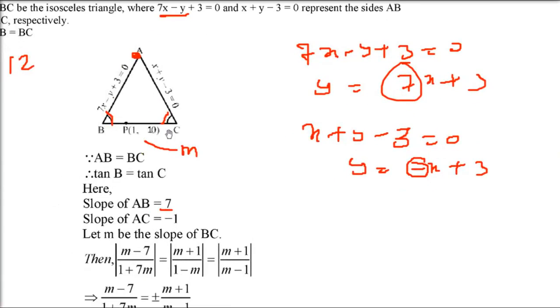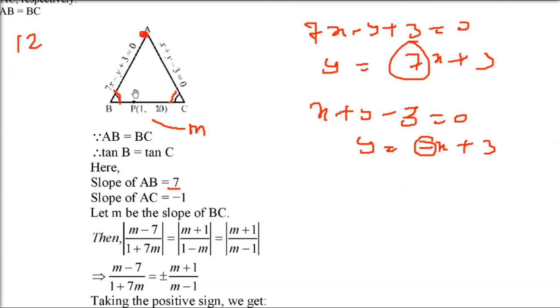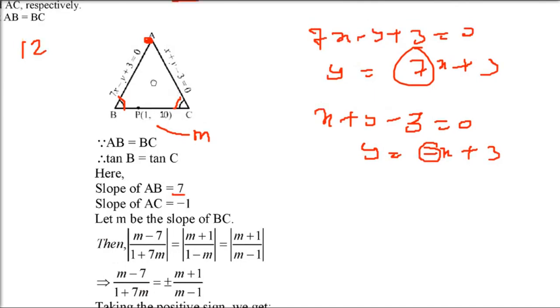As I said, the slopes of AB and AC are equal in magnitude but opposite in sign, and we have to take the modulus. If we assume the slope of BC is m, and the slope of AB is 7, we can find the angle between them.